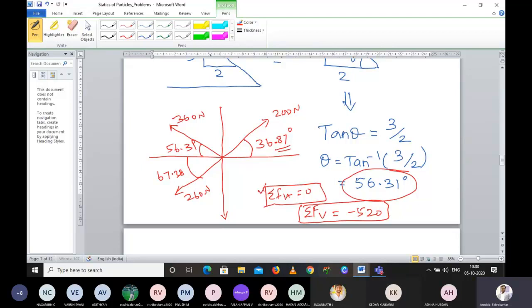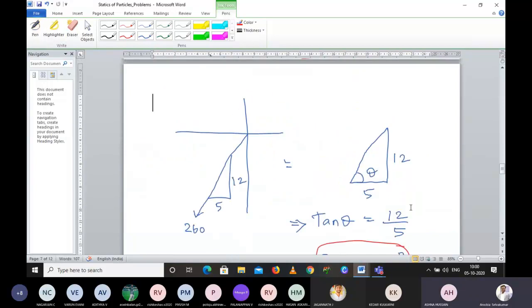I used to solve all the problems like this only when I was doing my BE. Now I will be very clear on force 1, force 2, force 3 and what conditions I have to consider. That will be better to solve any kind of problems.